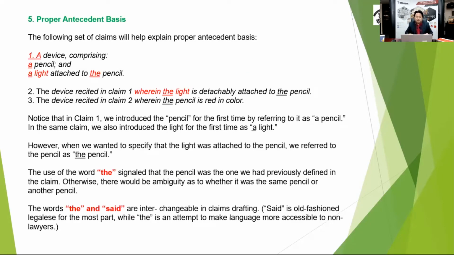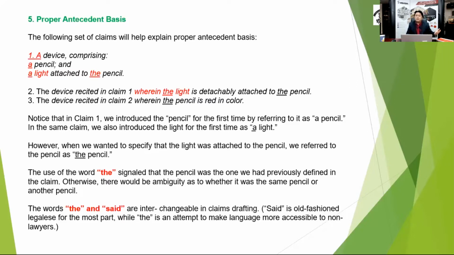Okay, let me give you an example here. A device comprising a pencil and a light attached to the pencil. Simple, right? And number 2 will be the dependent claims. The first one will be the independent claim.